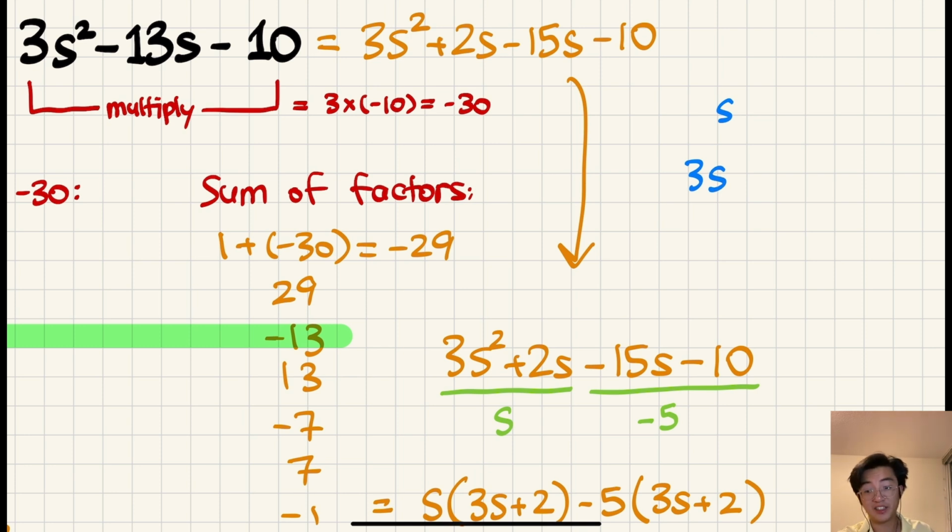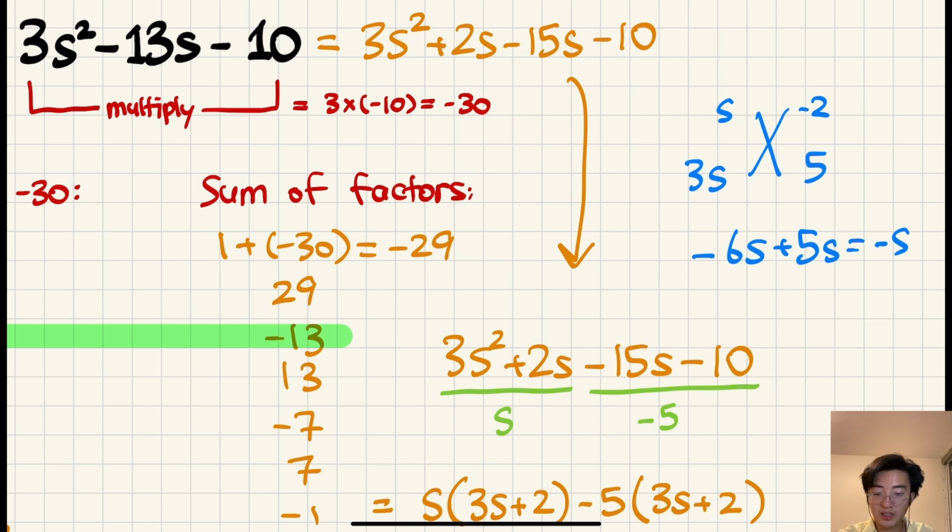And now let's do some guessing and checking. So we can do a 2 and a 5 here. If we do a negative 2 here, we get 3s times 2, which is 6s. S times 5, which is 5s, gets us negative s, which is not the right guess. So we can try flipping around.